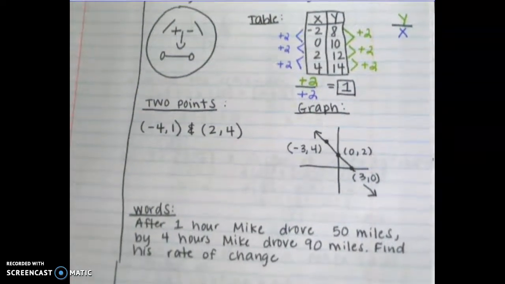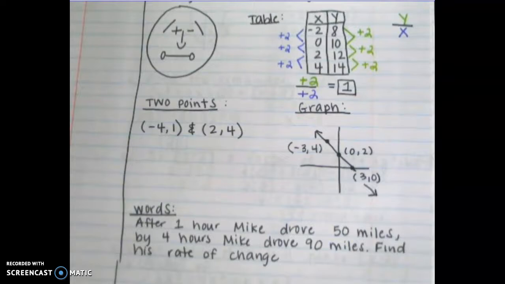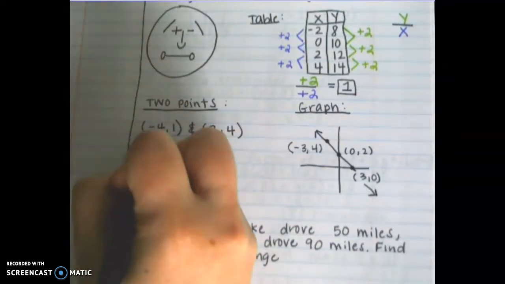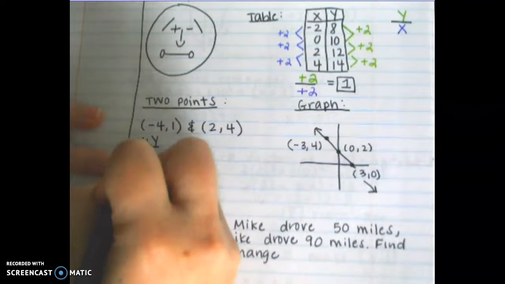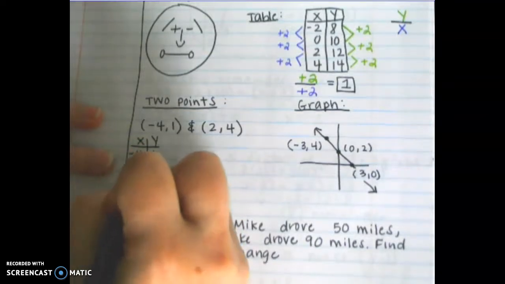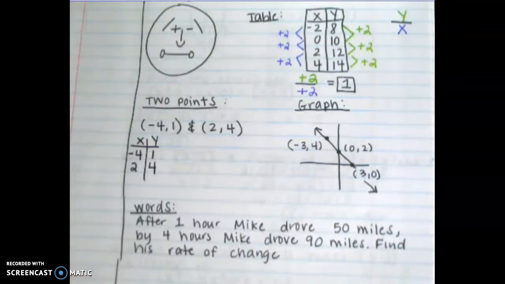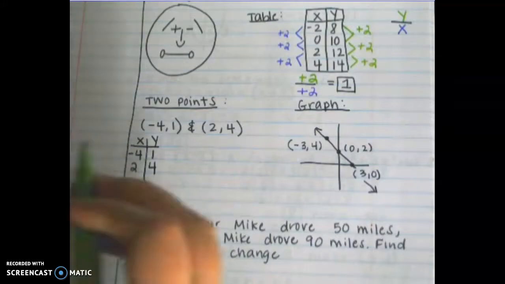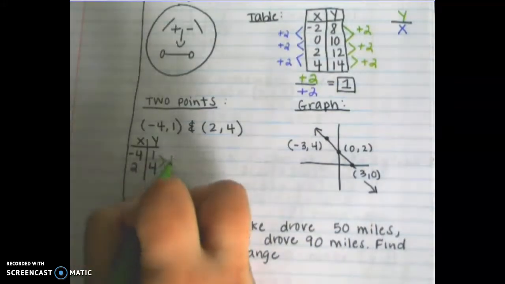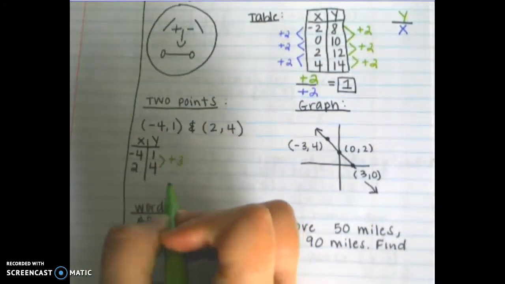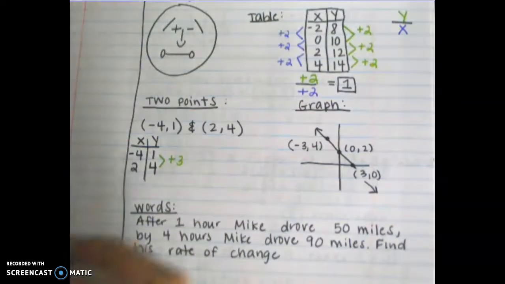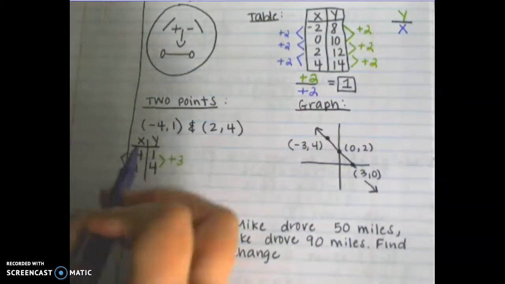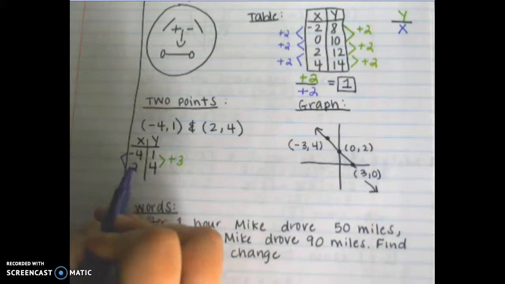All right, from 2 points, you have 2 options. If you would like, you can just stack your points and do it like a table. So -4, 1, and 2, 4. You can stack them and do it like a table. So 1 plus 3 is 4. And on my x side, if I'm at -4, I'm going to have to add 6 to get to +2.